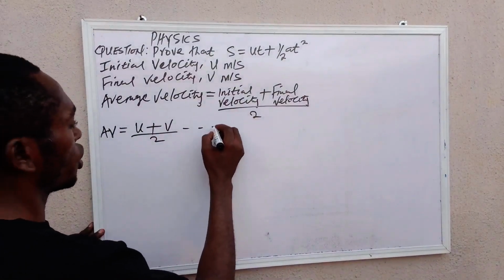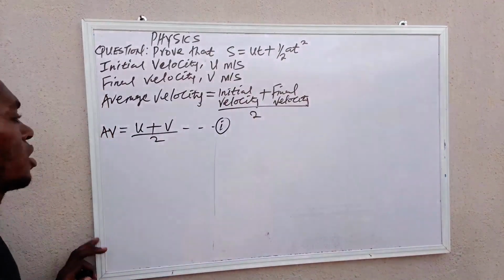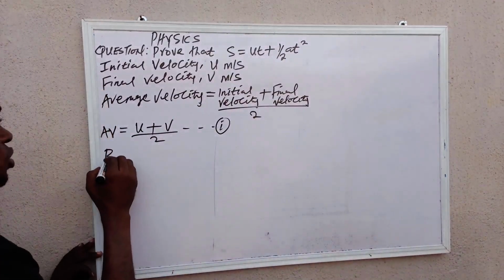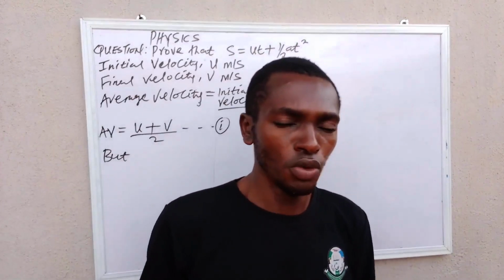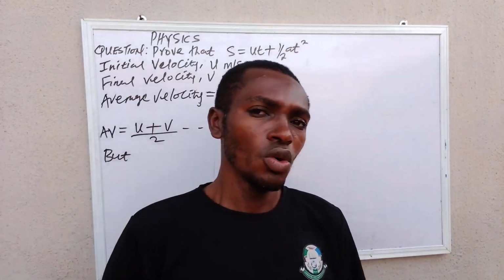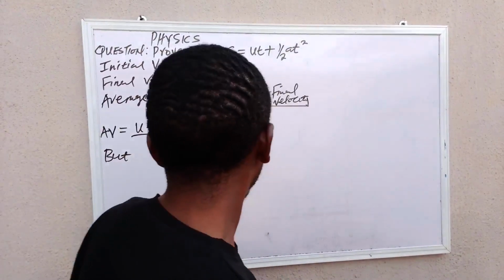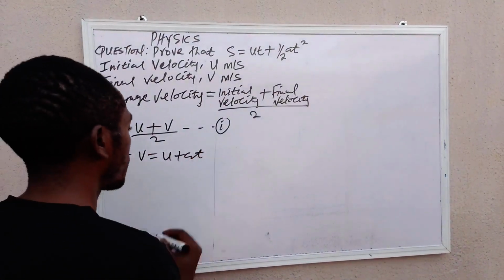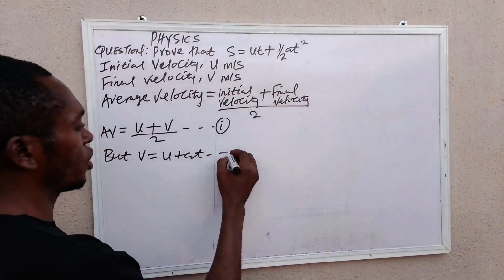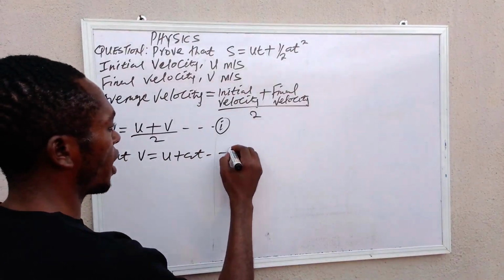Now let's call this equation I. But take note, in the first equation of motion that we proved, we said that V is equal to U plus AT. You must know this. So we can call this equation II.